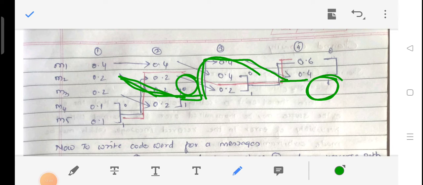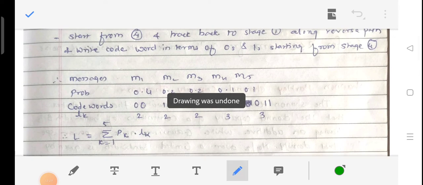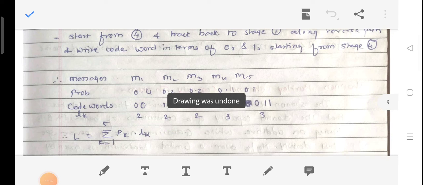Means this point 2 value and this point 2 value are the same. This point 2 value is shifted from the first column to the second column here, and we have assigned 0 to that column. So the code word for the second message M2 we can write as 1 and 0. That is the code word for the second message.